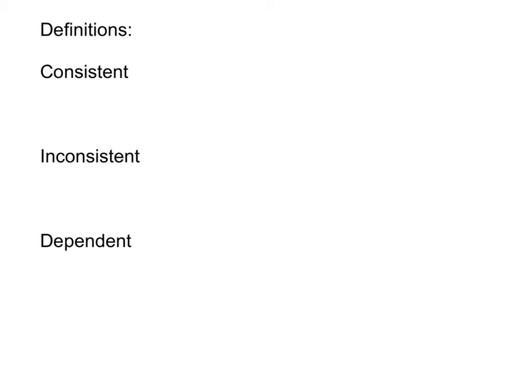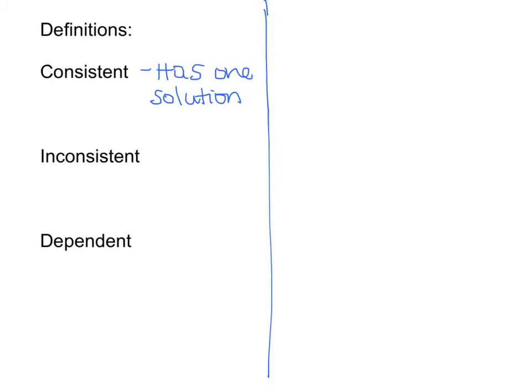The word consistent means that your system has one solution, and that's all the types of equations that we've worked with so far. And then what that looks like when you graph the equations is you get two lines and they cross and they meet at a single point, and that point where they cross is their solution.